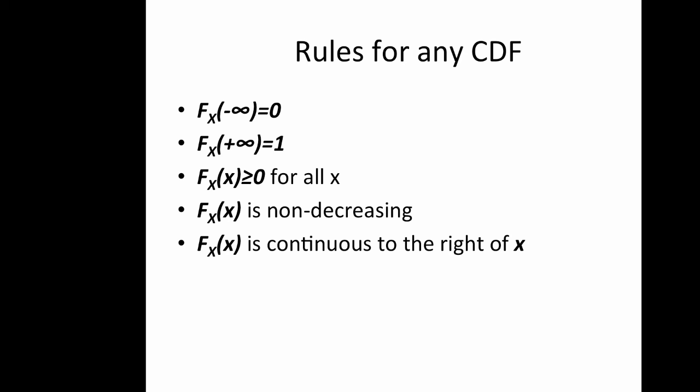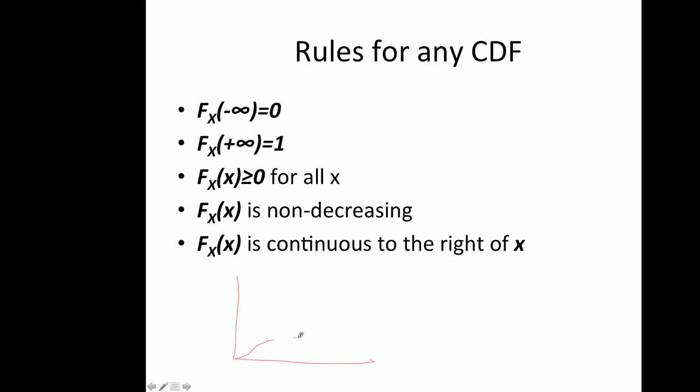The CDF is continuous to the right of x. So it must be continuous. It cannot have starts and stops. By that I mean it cannot be discontinuous. So the easiest way is probably to draw this on the slide here. If we say this is our CDF, we cannot have a discontinuous function.